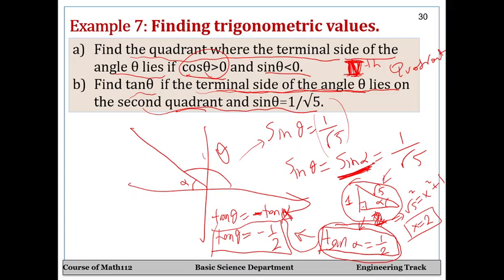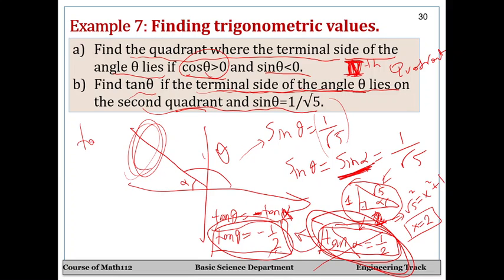But be careful here, you have to pay attention to here. Some of the students, they stop here. So this is not the solution. The solution is tangent theta. So you have to pay attention to what is tangent here. Tangent is negative or positive. So you have to pay attention to the quadrant of theta.